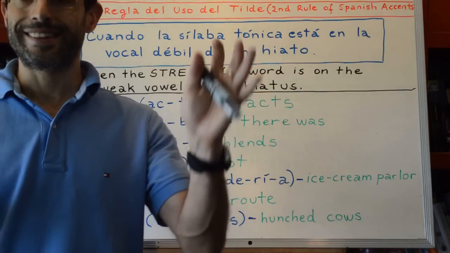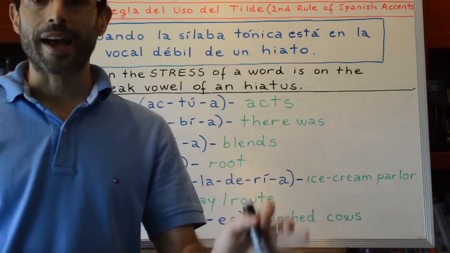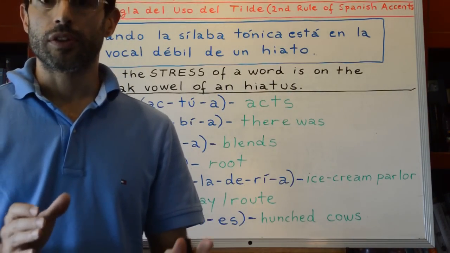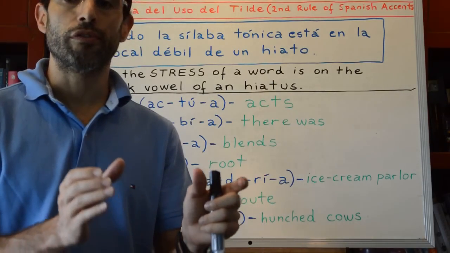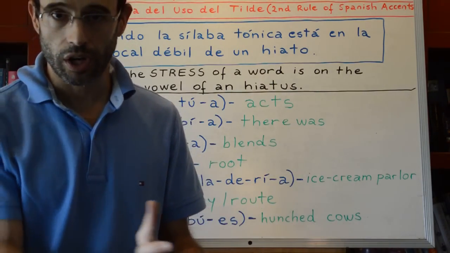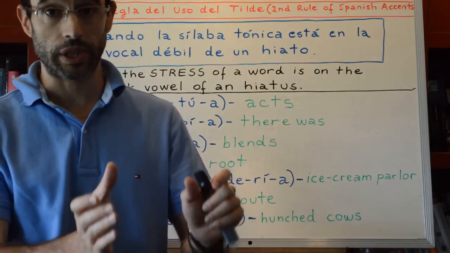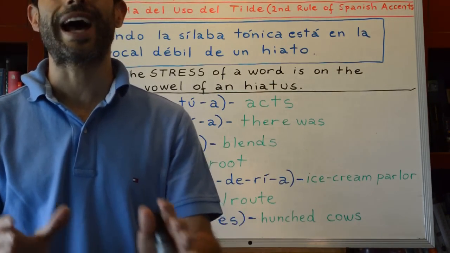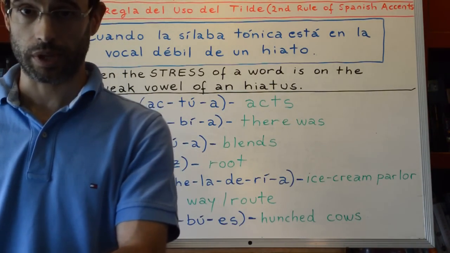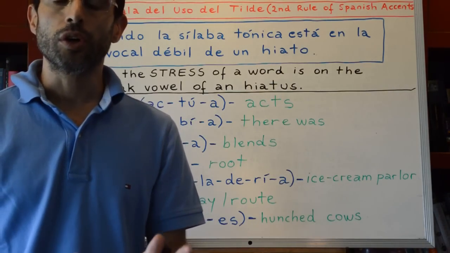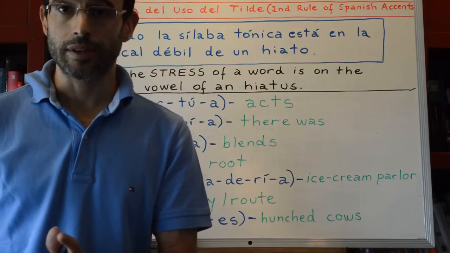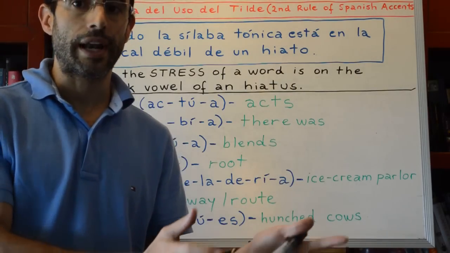In Spanish, technically, the word accent is used for the syllable or the vowel that has the stress of the word, where the word is stressed. That is called acento in Spanish, accent, okay?